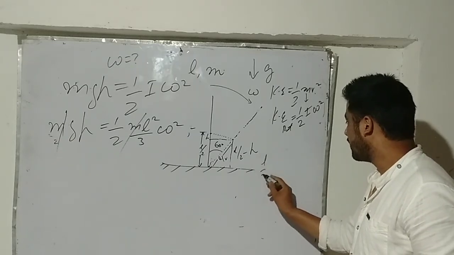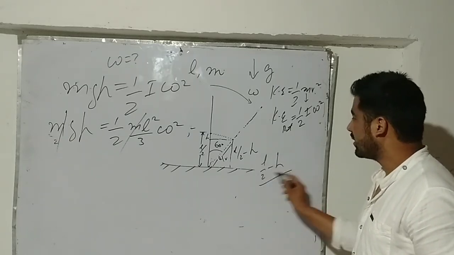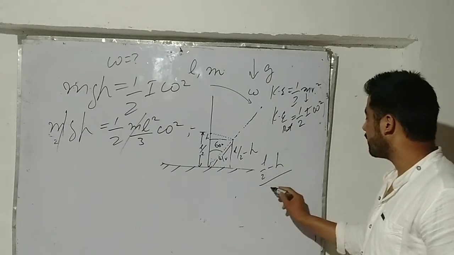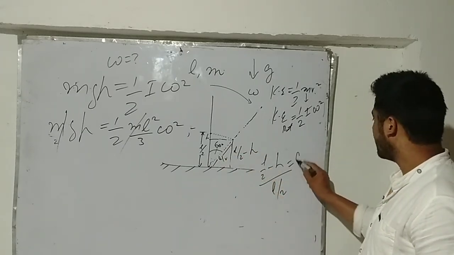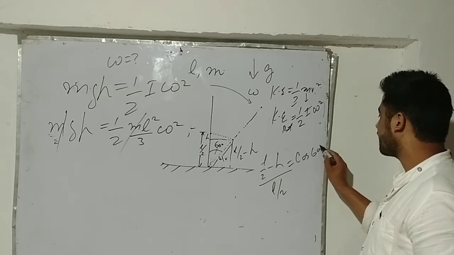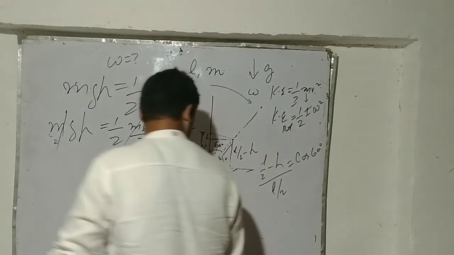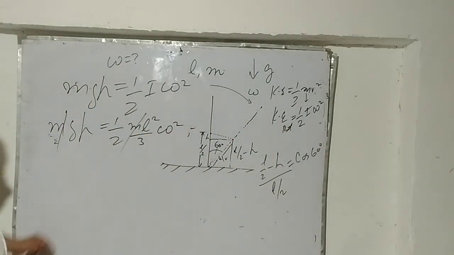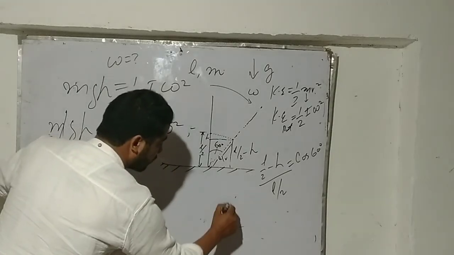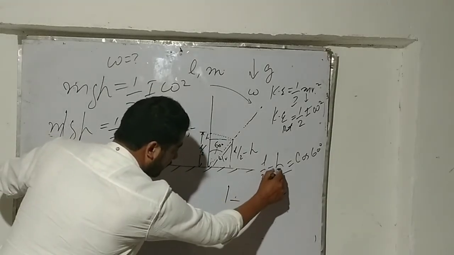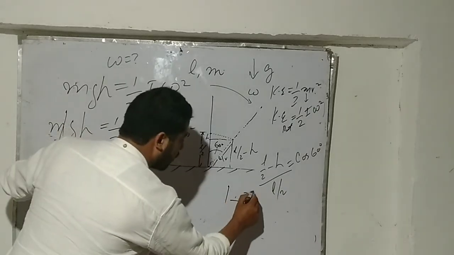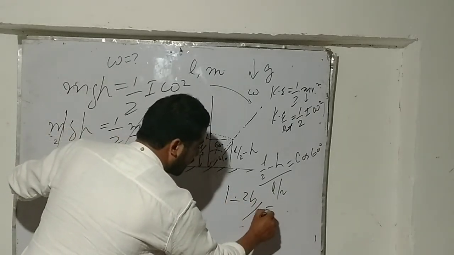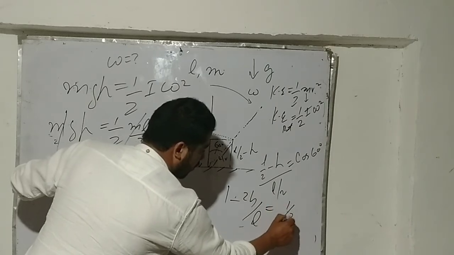L/2 minus h over the hypotenuse L/2 will be cos 60. So I will get 1 minus 2h/L, and cos 60 is 1/2.